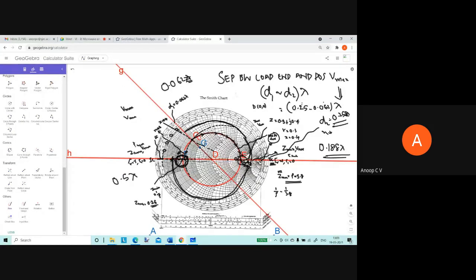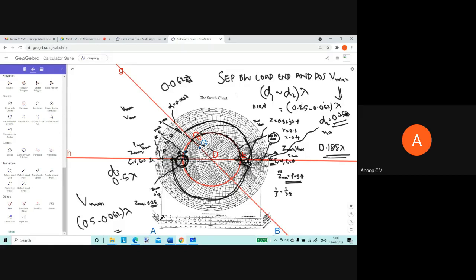So the position of minima, V min, I'll write D3, will be 0.5 minus 0.062 times lambda. Can anyone tell me what is this 0.5 minus 0.062? Or else you add 0.25 to this, that also is possible.